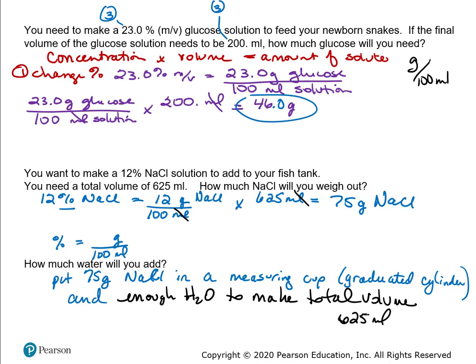Because the water is going to take up some space, but so is the salt. The 75 grams of salt in the bottom of the measuring cup, when you start adding water, that's not going to be exactly 625 mils of water. It'll be a little bit less. You really don't know how much. All you know is you want the total volume of solute and solvent to make 625 milliliters.